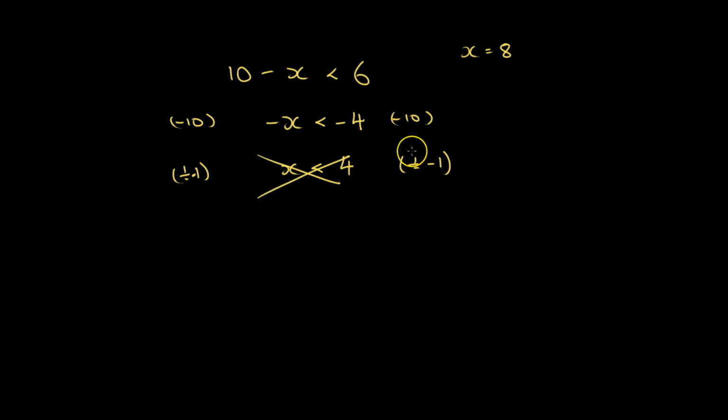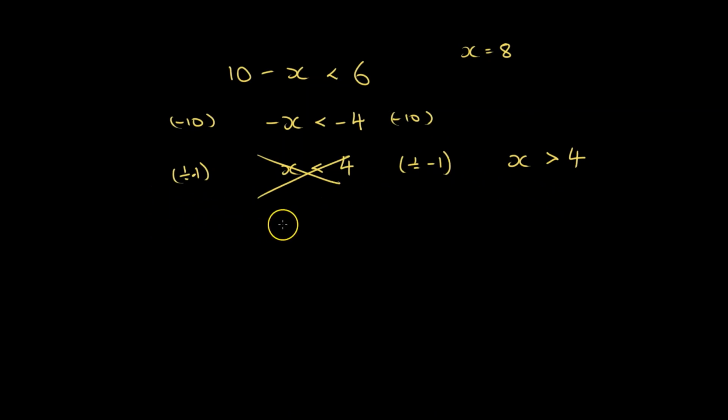So instead of having x is less than 4, it would in fact be x is greater than 4. So I've divided by minus 1 from this step here. I've remembered to flip the inequality sign around this time, and so this is the correct answer.